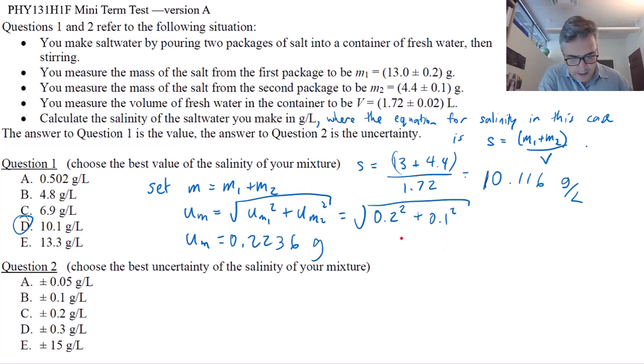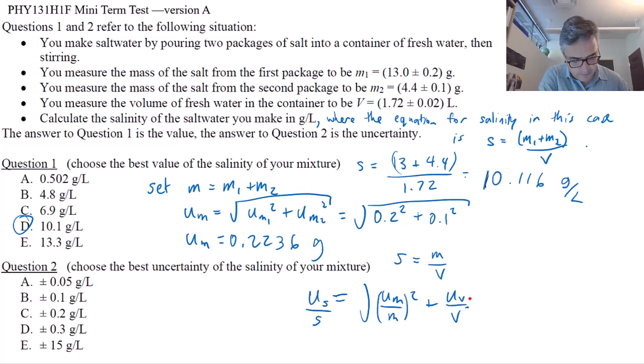And then we're dividing two things, so the salinity is equal to, remember, the total mass divided by the volume. So the uncertainty in the salinity divided by the salinity is equal to the square root of the uncertainty in the mass divided by the mass squared plus the uncertainty in the volume divided by the volume all squared.